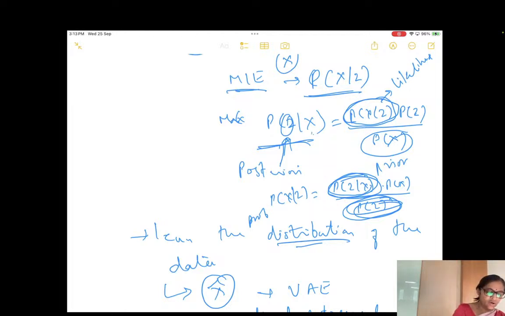What you need is: what does the distribution of the latent space look like given X? What does this mean? This is the posterior. How does my latent space Z look like for this data?